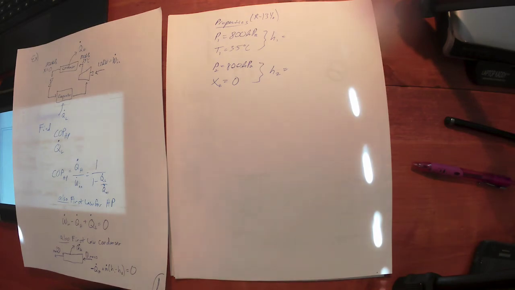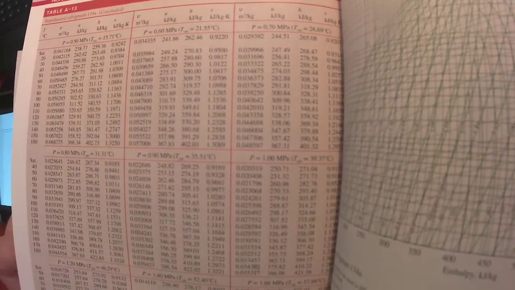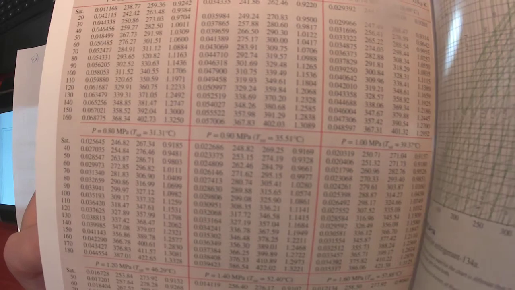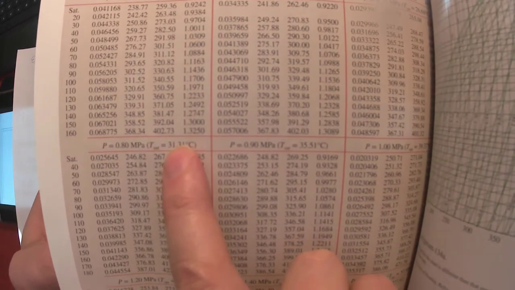I'm back now. Okay. Got R134, metric units. Looking up properties. Let's see if I can get this on the camera here. Alright, so R134A. Go to your property tables here. I've got 0.8 megapascals, 800 kilopascals.